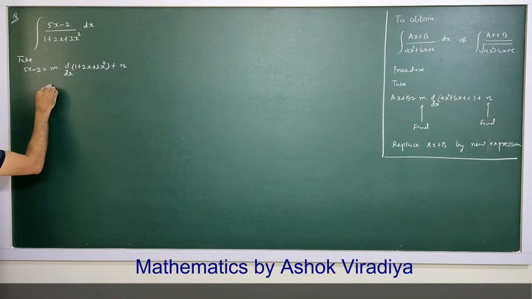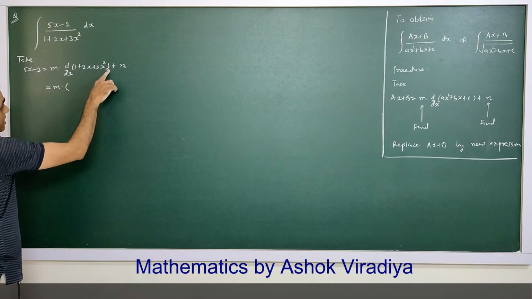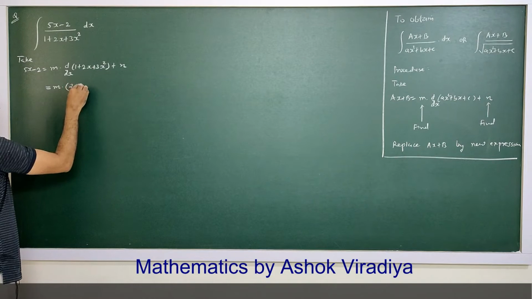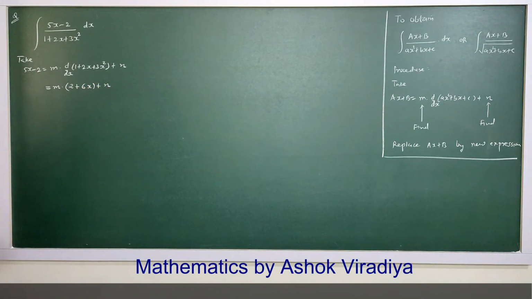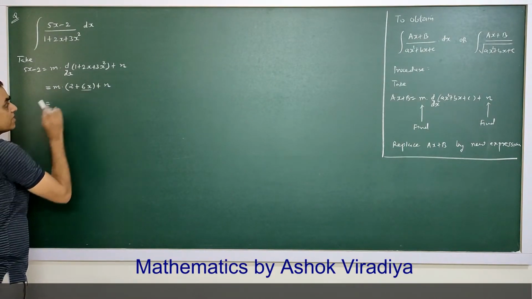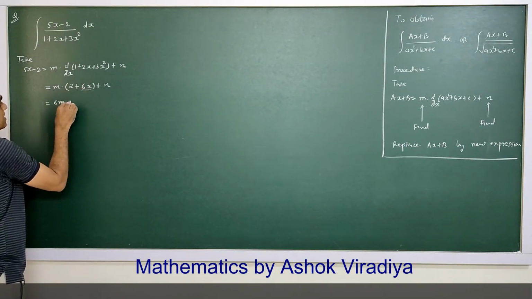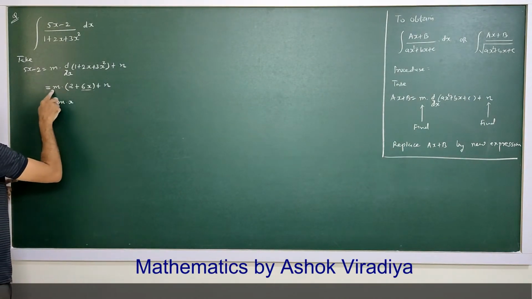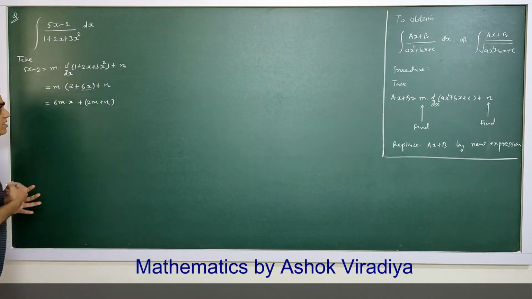Now simplifying RHS, m into its derivative: derivative of 1 is 0, derivative of 2x is 2, plus 6x, plus n. Now here there is only one term with x, so m into 6x, it is 6m into x. Then keep constants in second place: 2m plus n, these are constants.